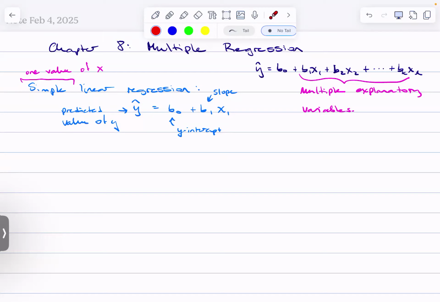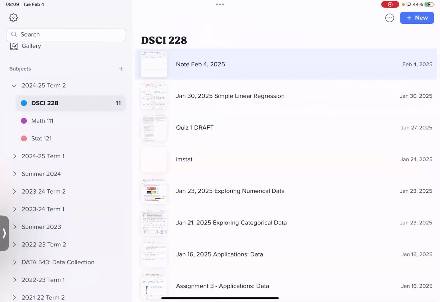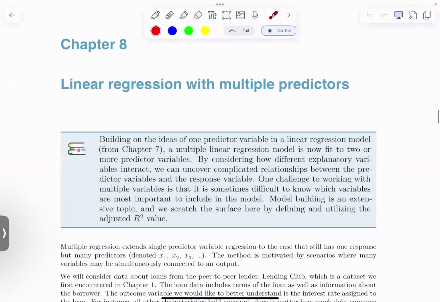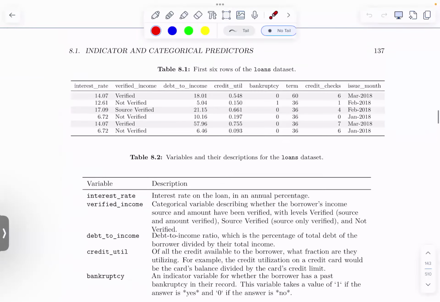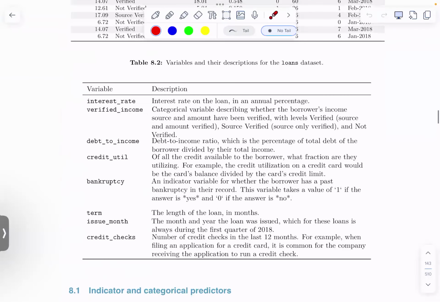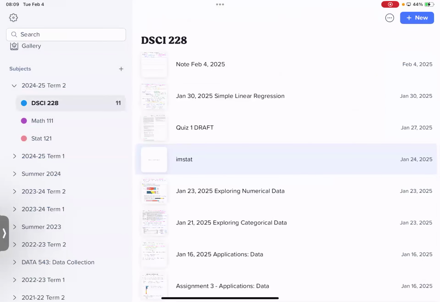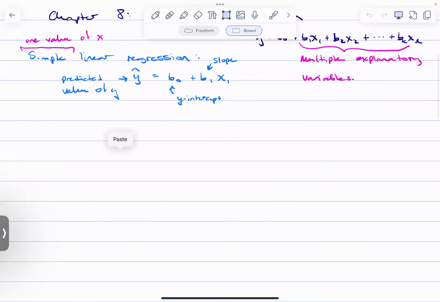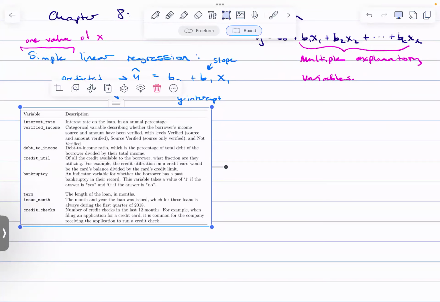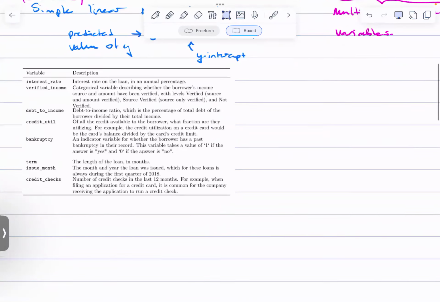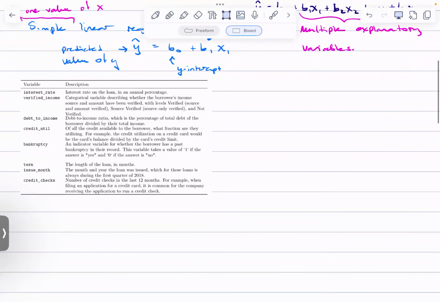The example that we're going to use from the textbook is this loan data, which we've seen before. Here's your data dictionary, or a version of it. This helps us figure out what's included in our data set.